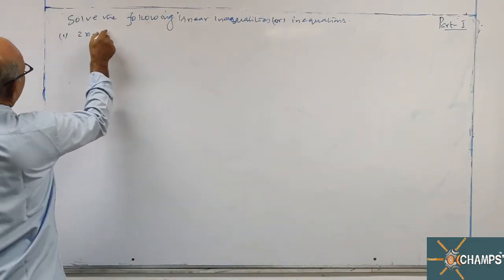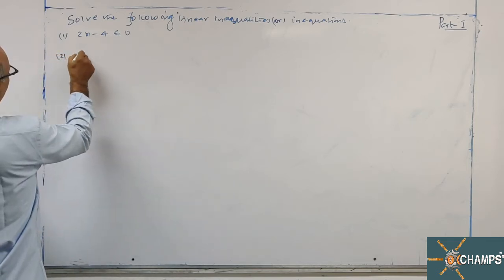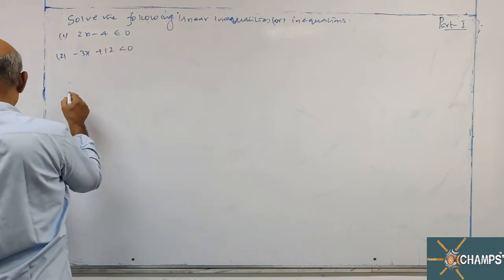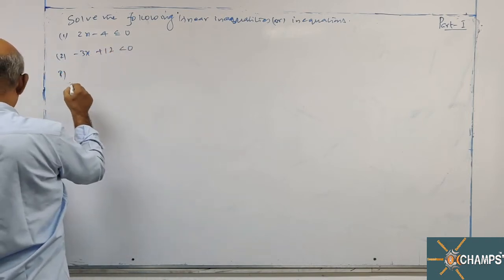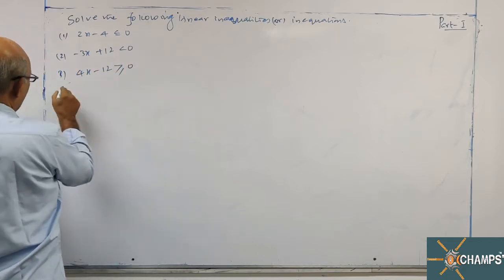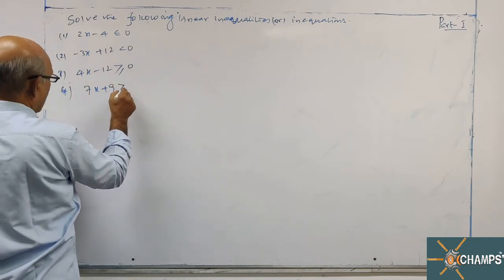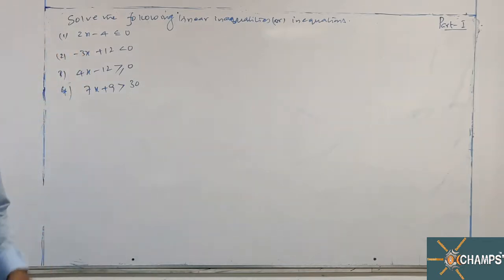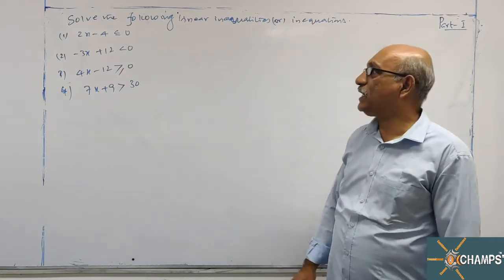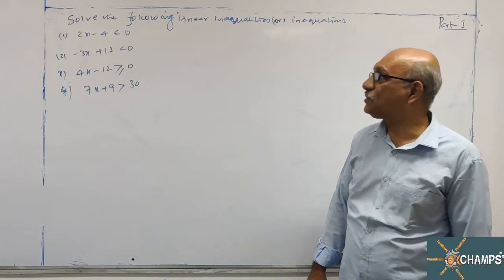First one is 2x minus 4 less than or equal to 0. Second, minus 3x plus 12 less than 0. Third one, 4x minus 12 greater than or equal to 0. Fourth, 7x plus 9 greater than 30. This way we have 4 questions on how to solve linear inequations. Based on this, next stage we can move to ICA material problems.